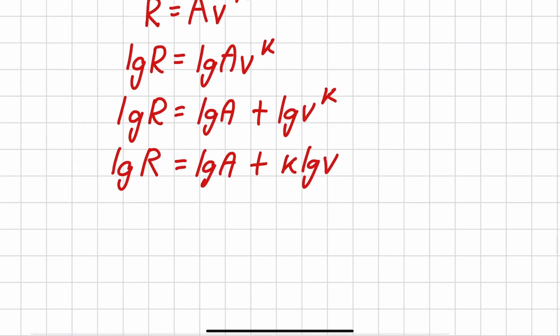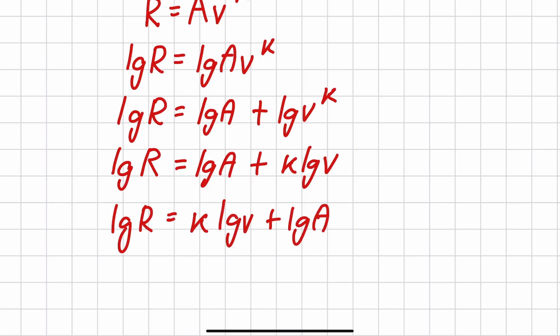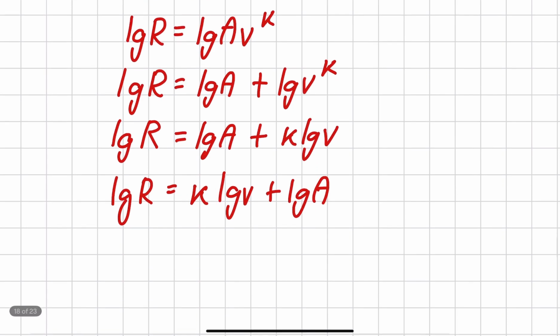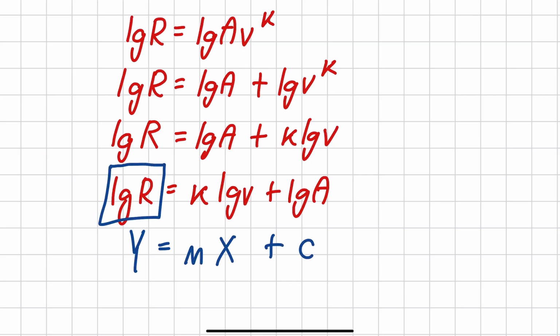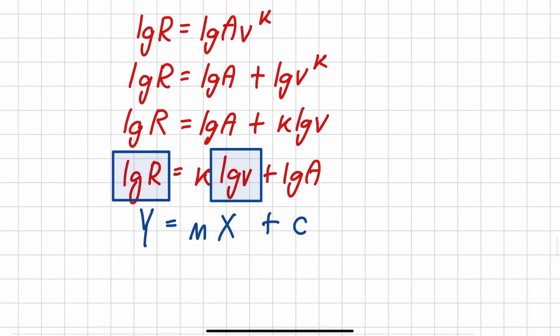Therefore, if I rearrange this equation to get the form y equals mx plus c, since I know that A and K are constants, your new y-axis is log R, and your new horizontal axis is log V, and your gradient is m, and your y-intercept is simply log A itself.